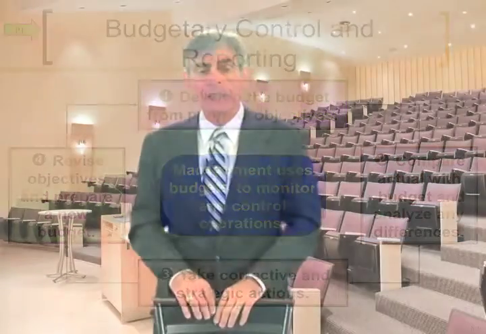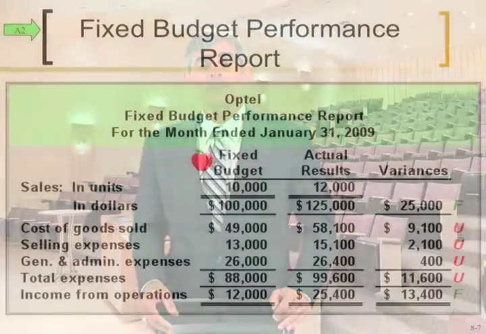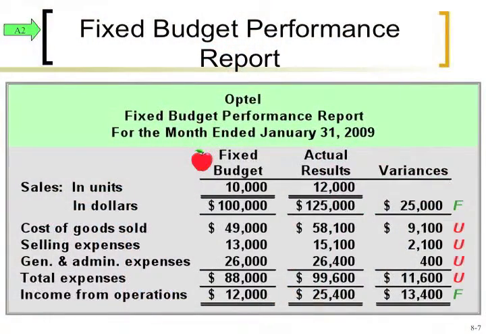So if we look at slide 7, you'll notice here we have this organization. The fixed budget, which was the master budget, was based on 10,000 units, but we actually had 12,000 units sold.